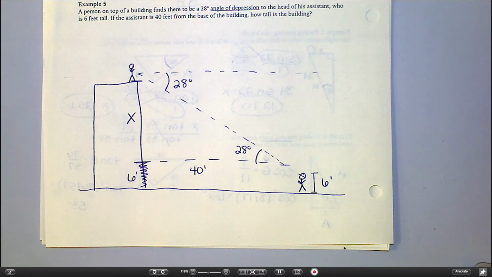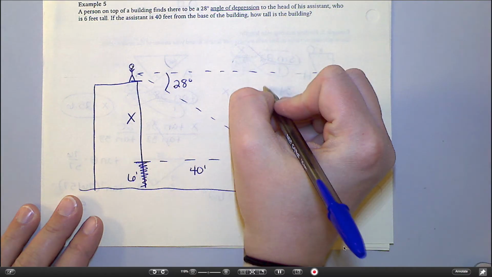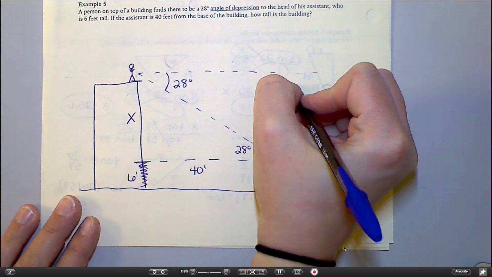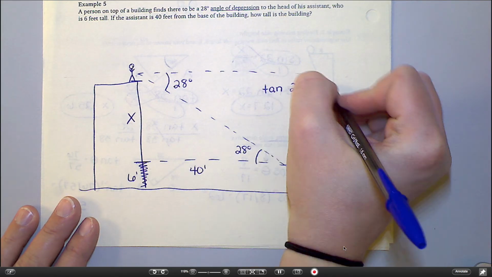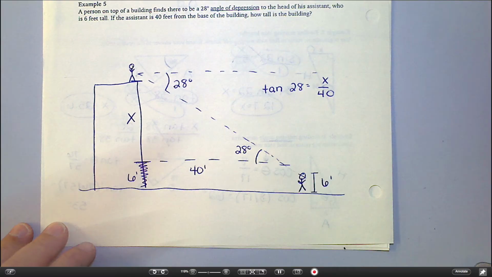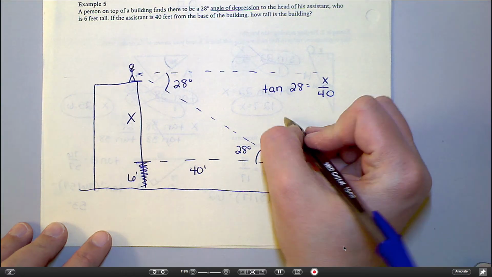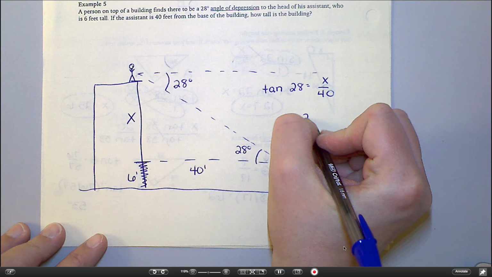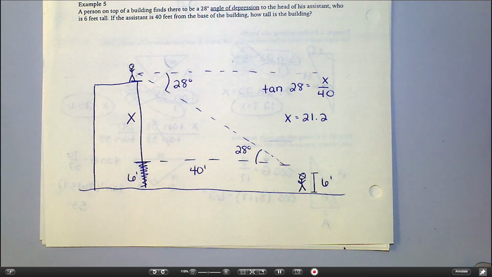Once again, this is going to be a tangent problem. Actually, the trig is going to be very similar to the last question. Tangent of 28 equals x over 40. And then I'm going to end up doing 40 times tan 28, and I get that x is 21.2.